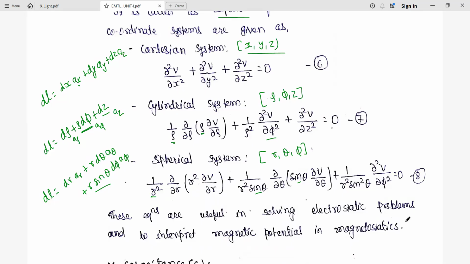The Laplace equation is a special or limiting case of the Poisson equation, where we consider charge-free regions, so ρ_v equals 0. Finally, we obtain ∇²V equal to 0.